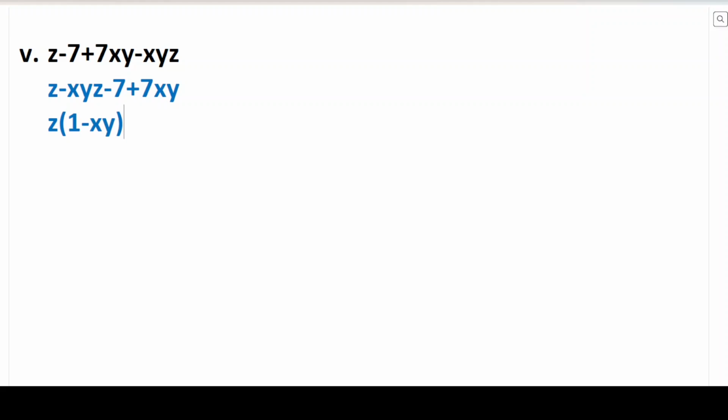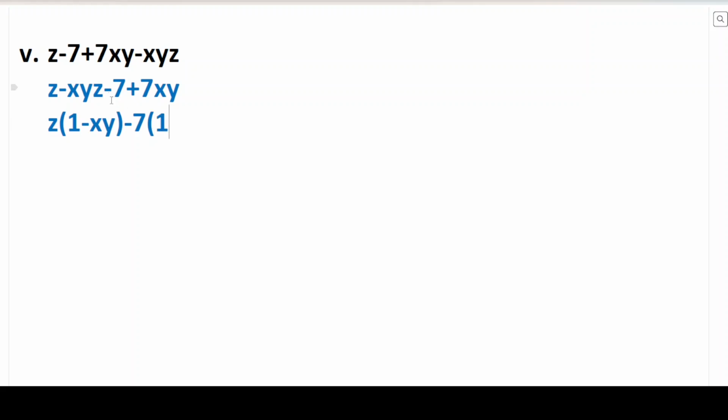What is the common factor here? 7 is the common factor. So for finding the common factor here, we have to take the minus 7 out here because here 1 minus xy is the factor we already found. For matching the 1 minus xy, we have to take the minus 7 out from the second group. So if we take minus 7, what are the leftover numbers? 1 will be there.